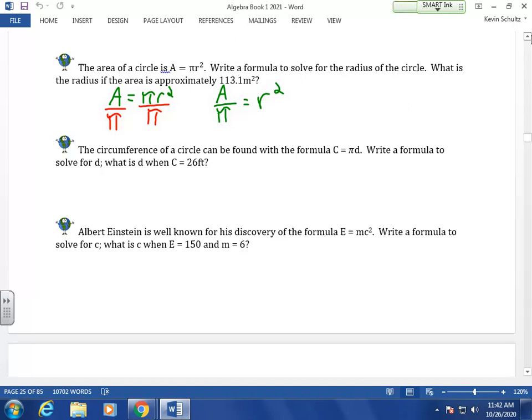So to undo squaring r, we're going to root both sides. The radical and the power cancel out, right? R squared, square root, okay? They cancel out. And we're left with the square root of the area divided by pi equals the radius of that circle.